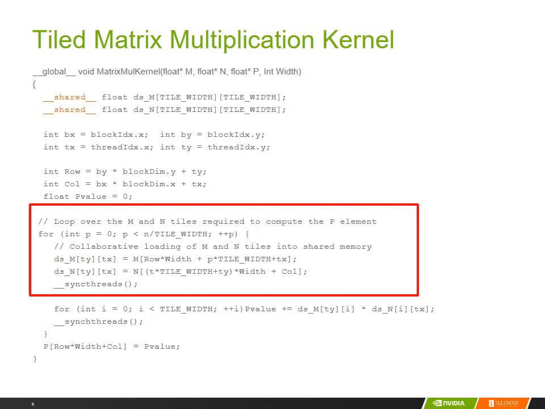After those two statements, we need to execute syncthreads. This is because the threads in the same thread block may execute at different timing. So we need to make sure that all the threads have completed loading their responsible M and N elements before any of them can continue to consume these M and N elements from the shared memory.